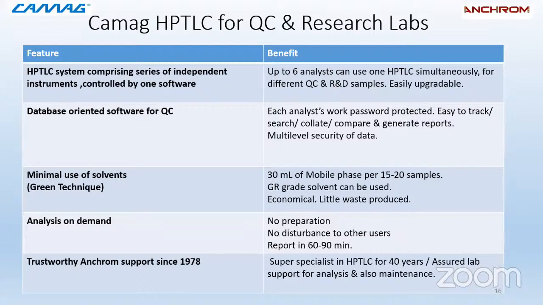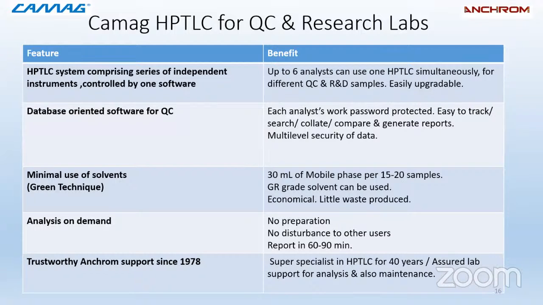Now we will see some of the features of the CAMAG HPTLC system for QC and research labs. The HPTLC system comprises a series of independent instruments, which we have seen in one of the slides, controlled by one software. Because of this, 6 to 10 analysts can use one HPTLC simultaneously.